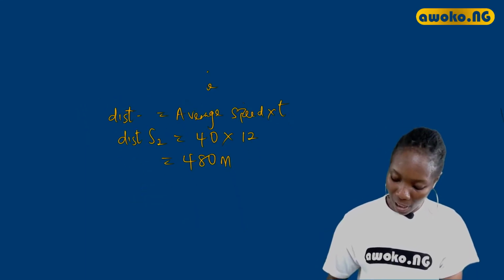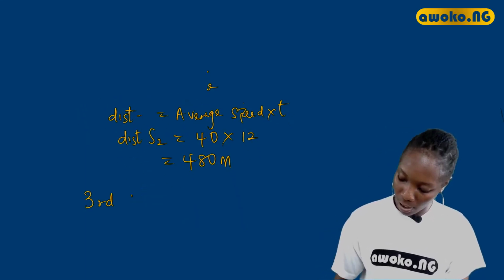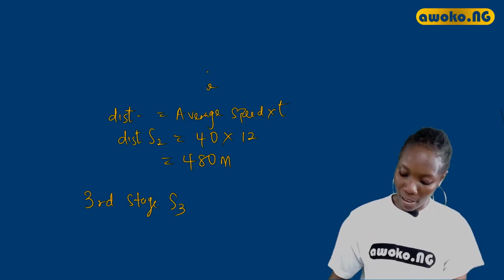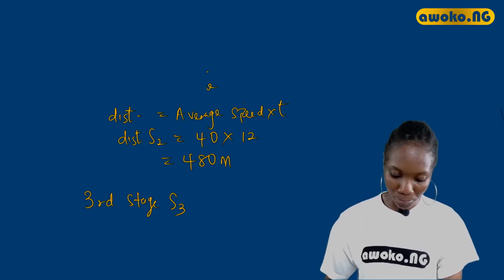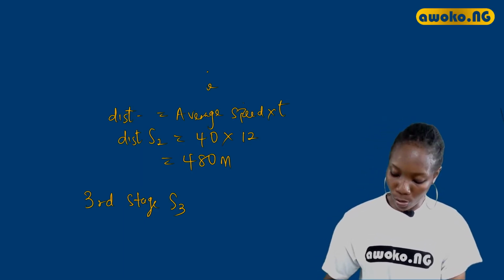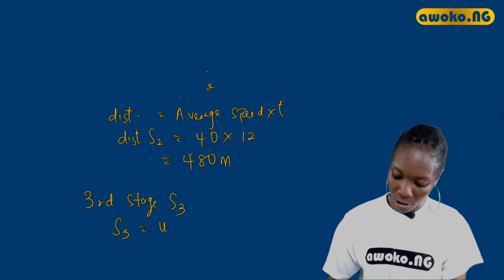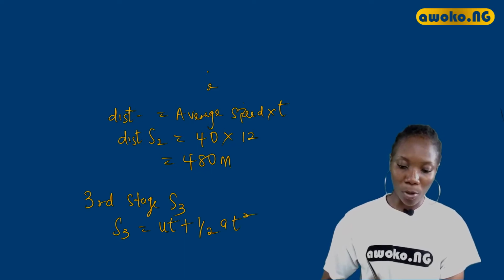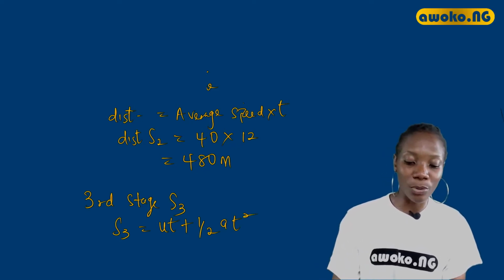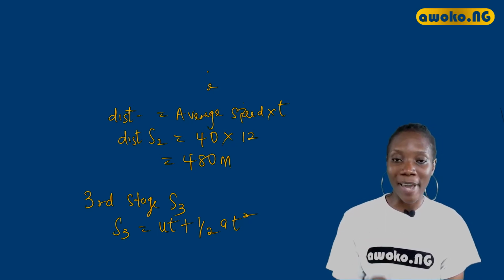Now for the last stage of the journey, let's indicate the third stage, which is S3, to find the distance covered at that stage. We can still use this equation of motion, ut plus 1 over 2 at squared. But take note, we are going to use the values that affect the third stage.